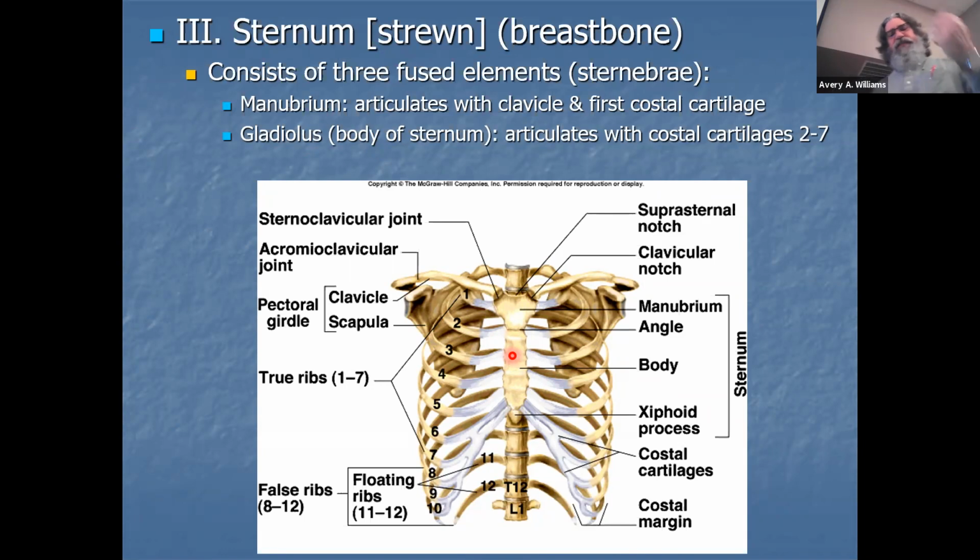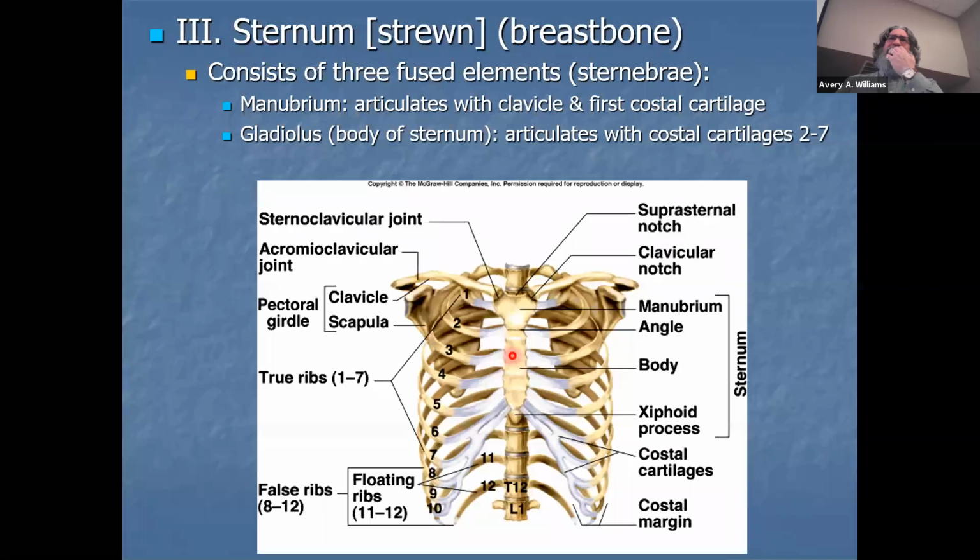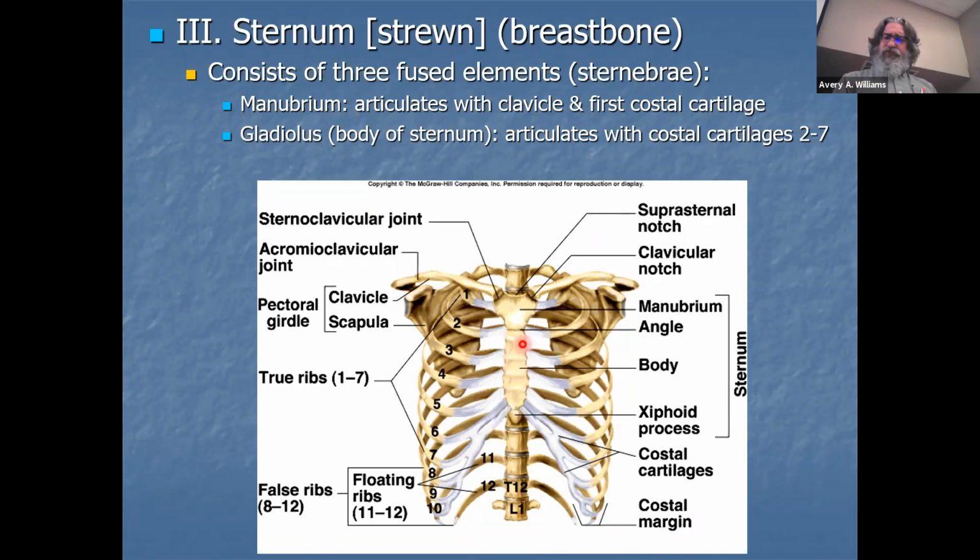The gladiator fights with a shield and a sword. And actually, I think gladiolus refers to a sword, because it kind of looks like a sword, maybe the handle of a sword, perhaps. Anyway, the body of the sternum is fine too.